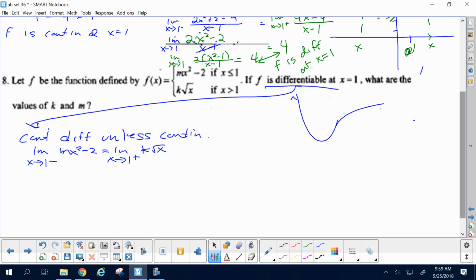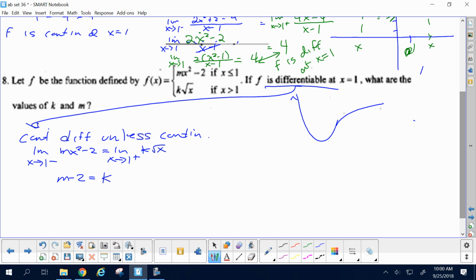What they approach from the left of 1 must match what the y values approach from the right of 1. At 1, what does mx squared minus 2 equal? Now you can't know m, so 1 is going in for x. What do you get? m minus 2, okay? On the right-hand side, we don't know k yet, but I know x approaches 1, so that approaches k. So for them just to meet, m minus 2 needs to equal k.